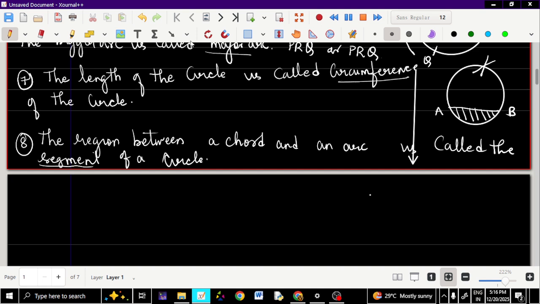Now if you see, there are two segments. One is the major segment and one is the minor segment. The region between the chord and the minor arc is nothing but the minor segment. So this is my minor segment here.